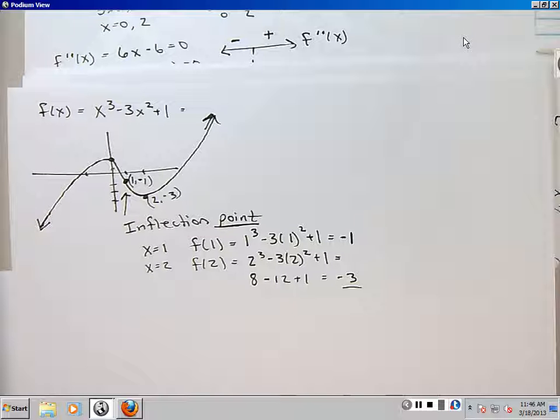So this original polynomial is third degree, but at most it can have 2 turnaround points, 2 critical points, which makes sense, right? If I have a third degree polynomial and I differentiate it, I get a second degree polynomial. And a second degree polynomial has at most 2 roots. And if it has at most 2 roots, that means it has at most 2 turnaround points.